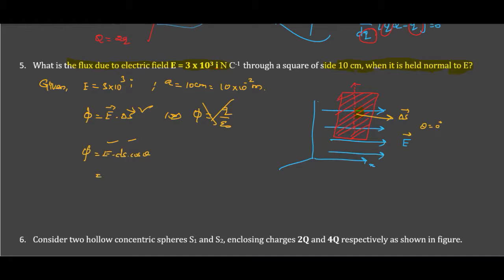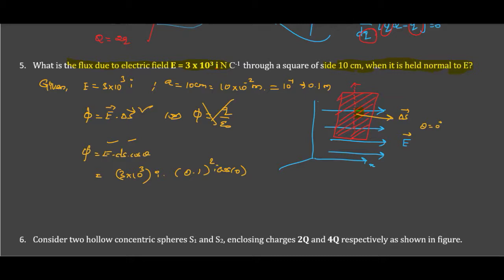So we write E is equal to 3 into 10 power 3 i. Area is a square, so a squared, where a is 10 power minus 1, that is 0.1 meter. So 0.1 whole square into cos 0.